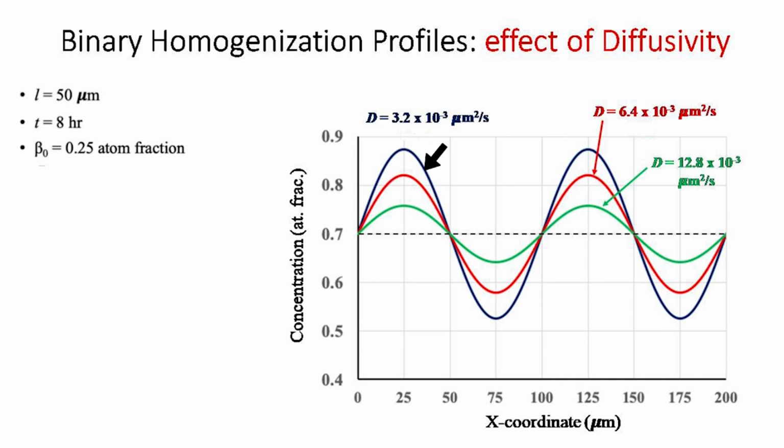So, the blue one is for D equal to 3.2 times 10 to the power minus 3 micron square per second. This one is for double the diffusivity, and the green one is for 4 times the original diffusivity. And we see as the diffusivity increases, the homogenization rate is increased. So, this was for binary.